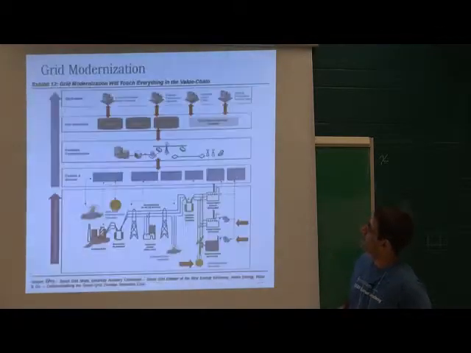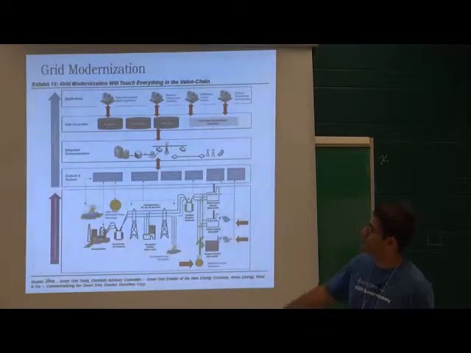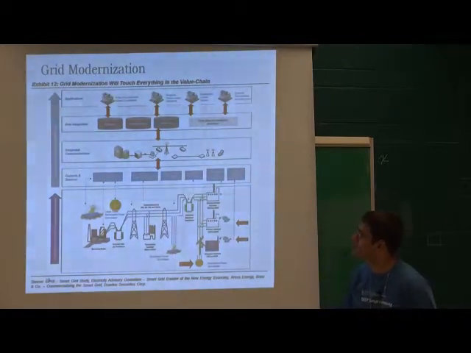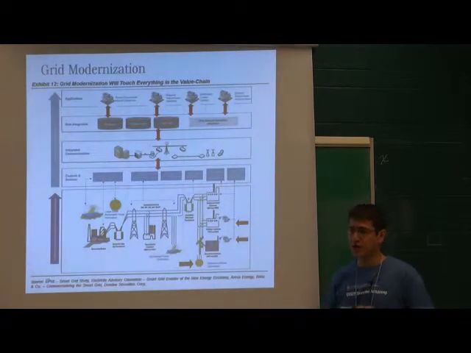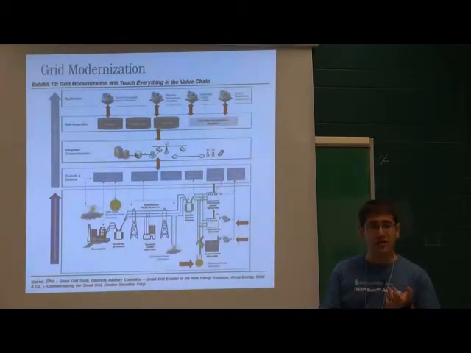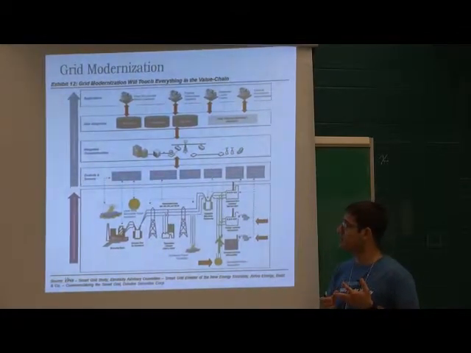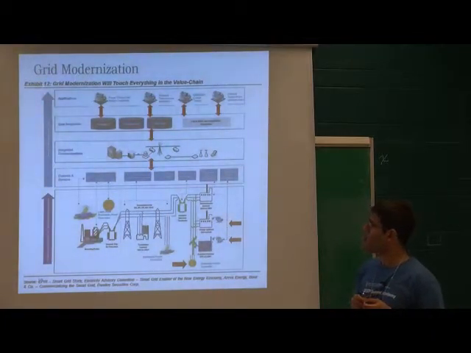Okay, let's go back here. So at the top, now you have controls and sensors. So in this row, you have controls and sensors all throughout your system, starting from your generation systems to your distribution systems to your households, in order to figure out where the faults are, what the demand is in different places, and adjust accordingly.